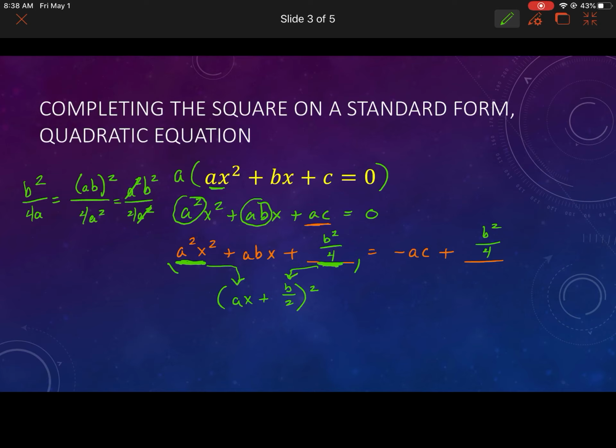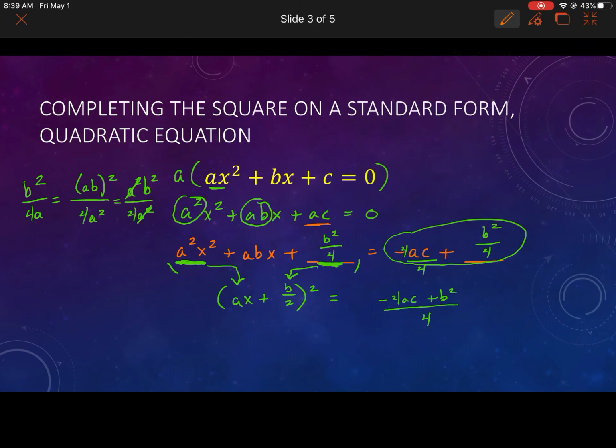Now remember, on the example, we added 94 and 100, so we're just going to add these two as we would normally add fractions. So we need a common denominator, which is going to be 4, so negative 4ac. So what we end up with on the right, if we combine those, is negative 4ac plus b squared divided by 4. So now they have a common denominator.